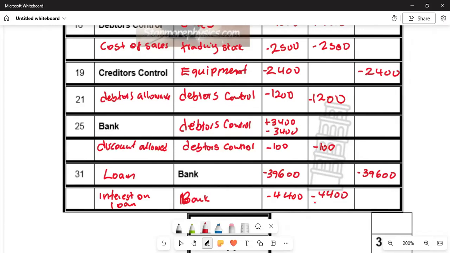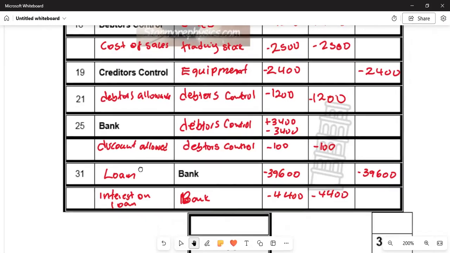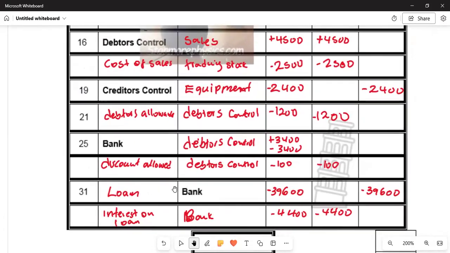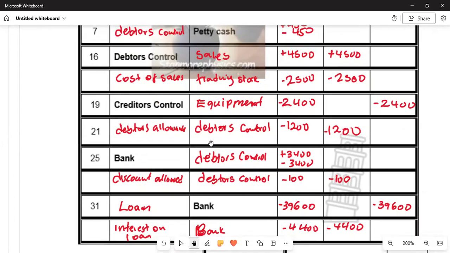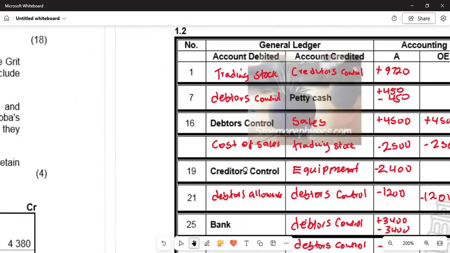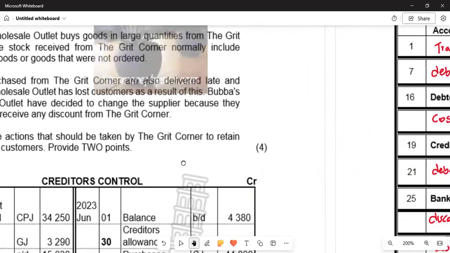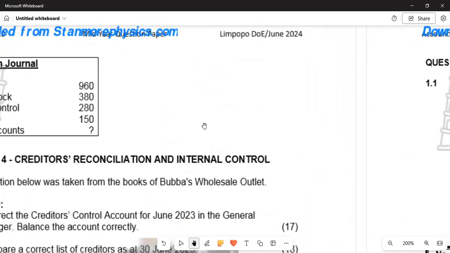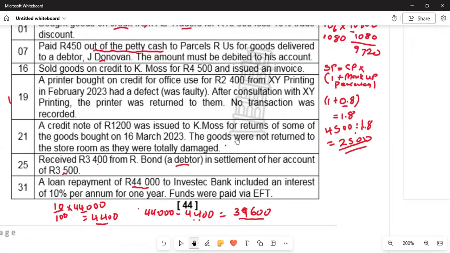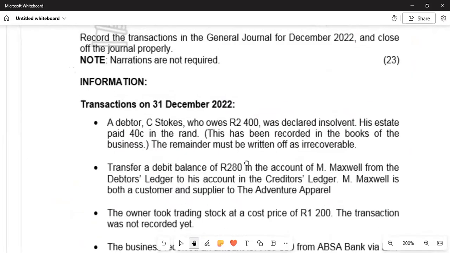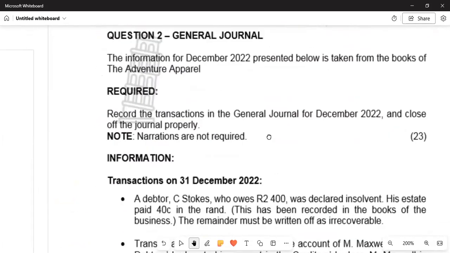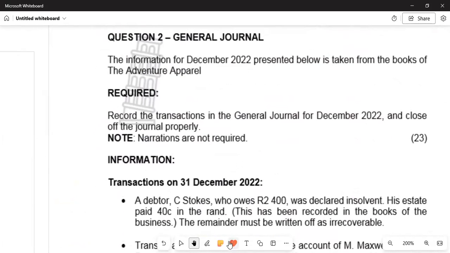Now we are moving on to question 2. So here is our question 2.